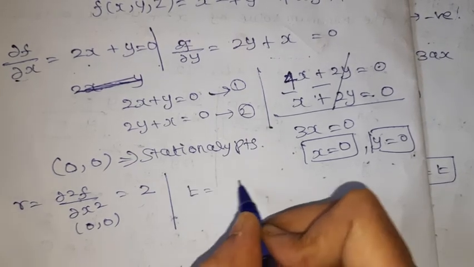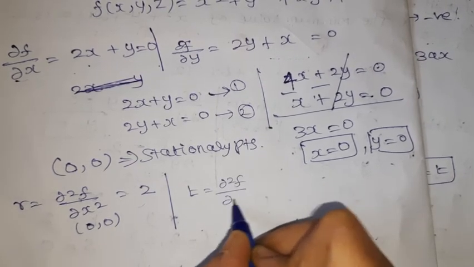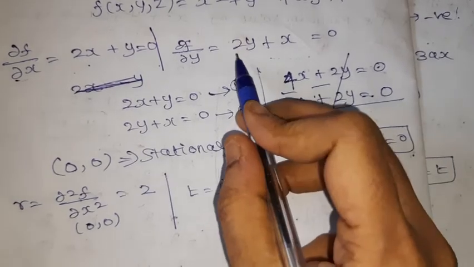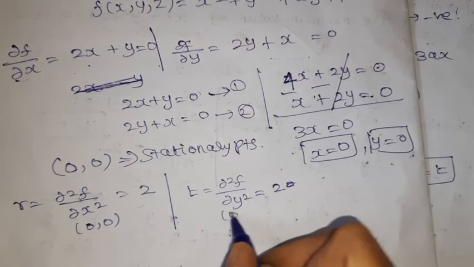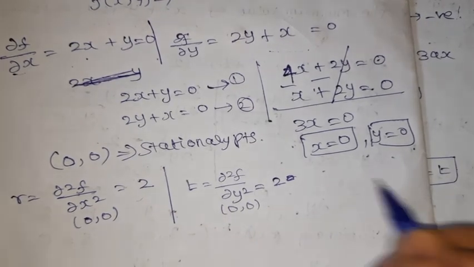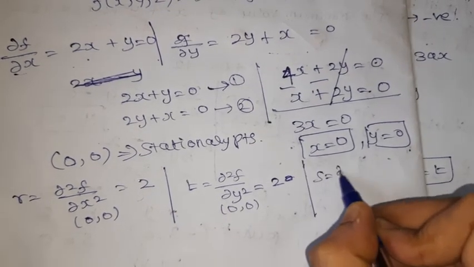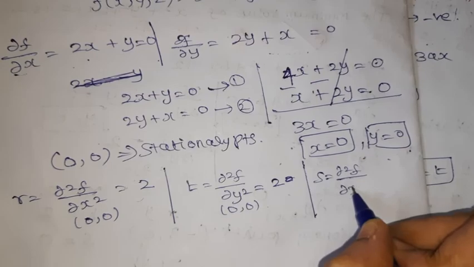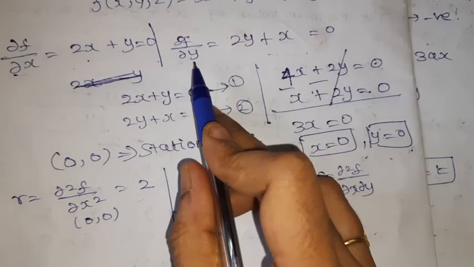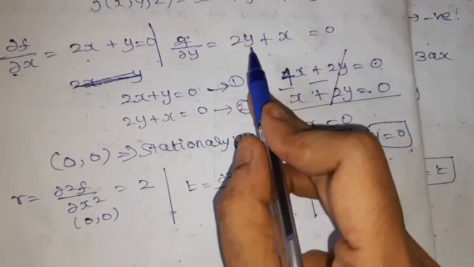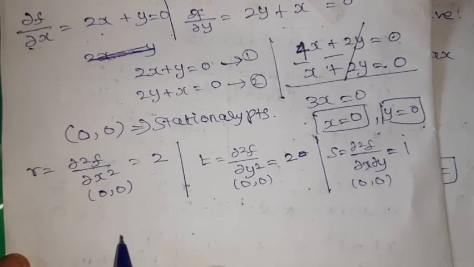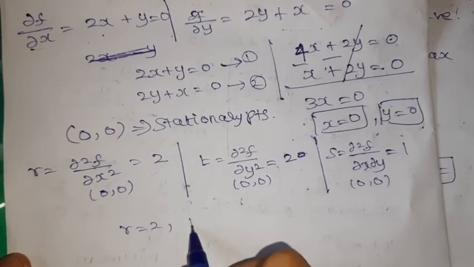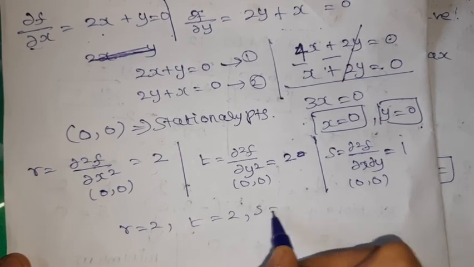Then T is dou squared f by dou y squared, at 0, 0 also T equal to 2. Then S equal to dou squared f by dou x dou y. Differentiating dou f by dou y with respect to x, we will get 1 at this point also. So R equal to 2, T equal to 2 and S equal to 1.